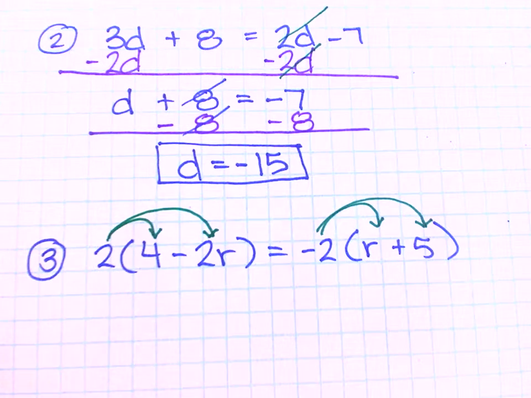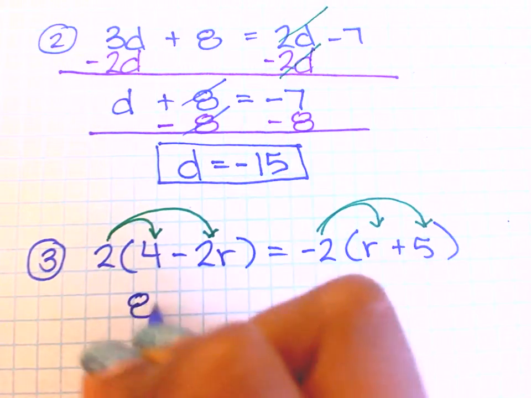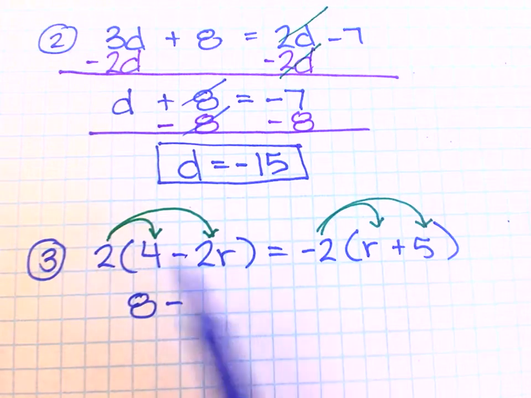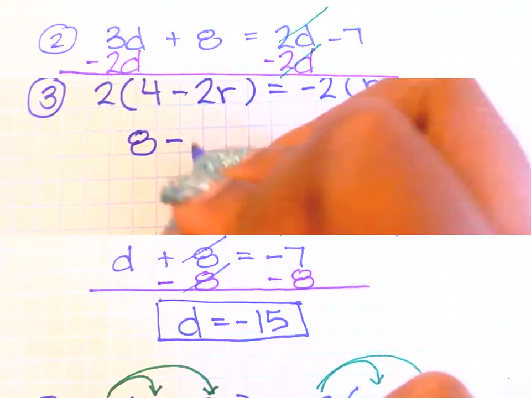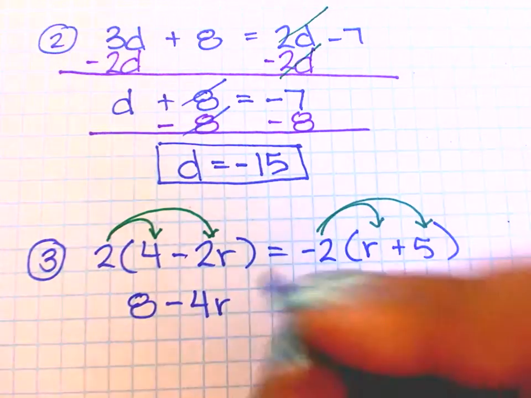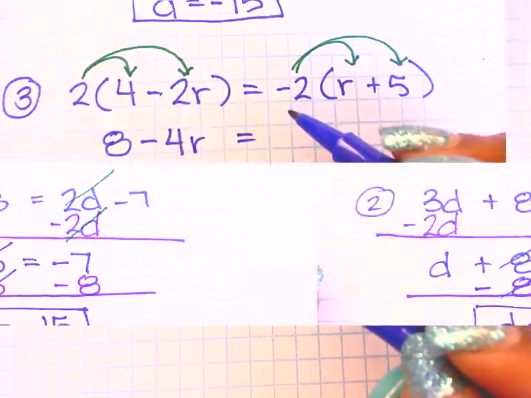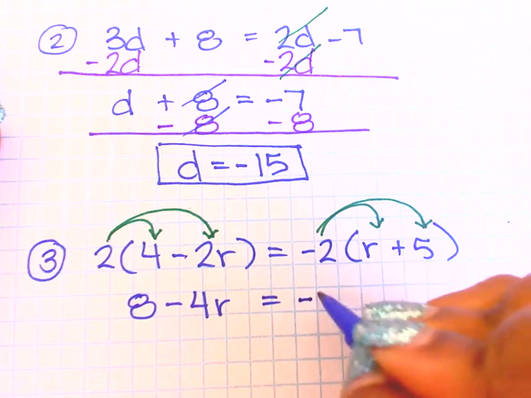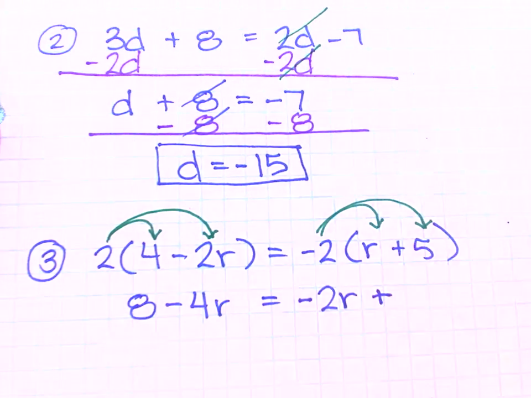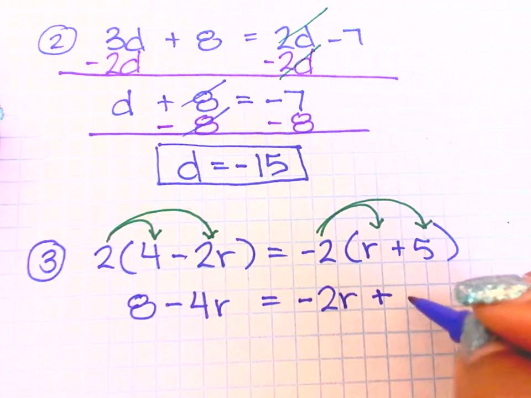Okay? So, to simplify this, I have 2 times 4, which is 8, minus, put that minus sign, bring it down, 2 times 2r, which is 4r, equals, now I need to distribute on the other side. -2 times r is a -2r plus, bring down that sign, -2 times 5, -10.